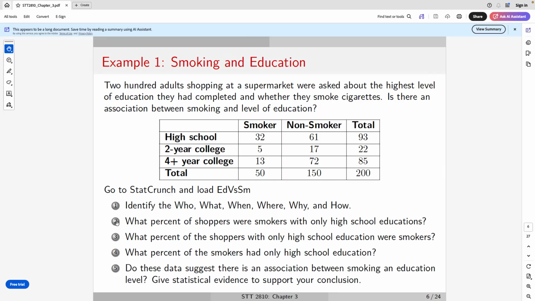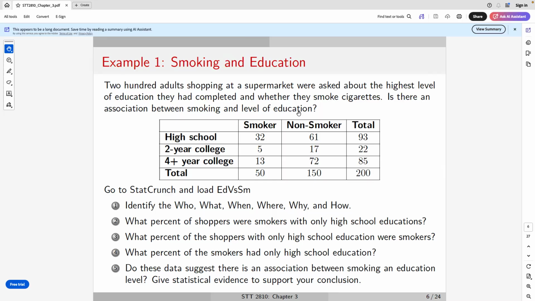So 2 says, what percent of smokers... Marginal distribution is just trying to find the percentage of one variable without regard for the other variable. And so let's find the marginal distribution for the smoking status.